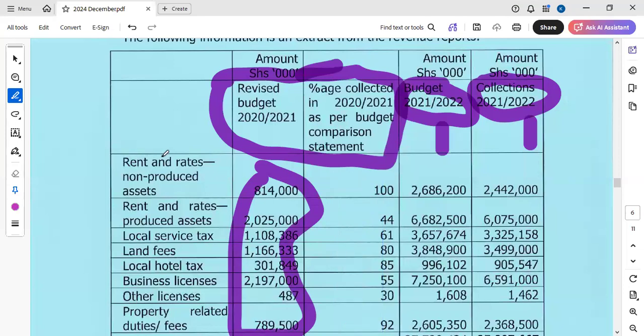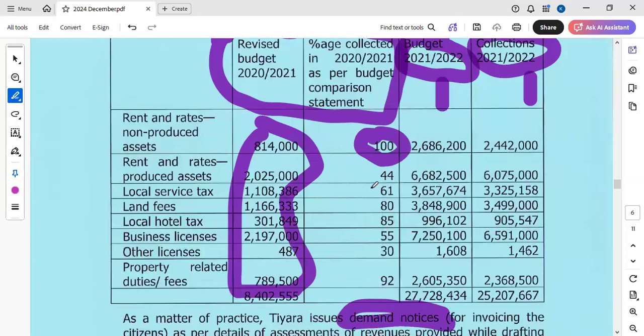Like in terms of rent and rates for non-produced assets, we corrected 100%. So there we don't have any remaining percentage that is uncorrected. But here, if you corrected 44%, it means that the remaining 56 is a percentage of revenue areas.